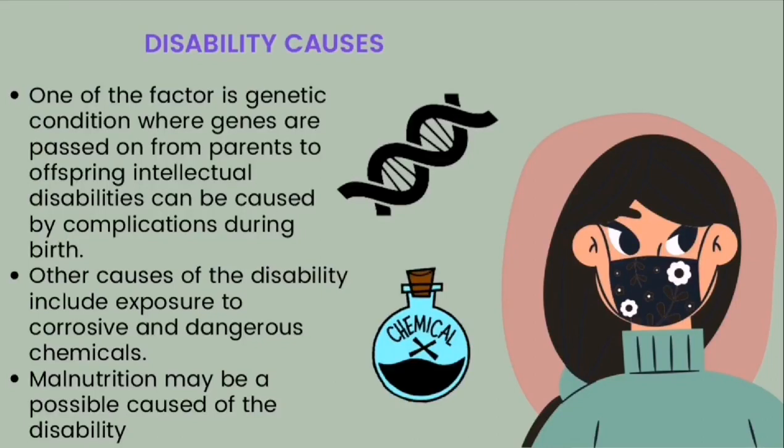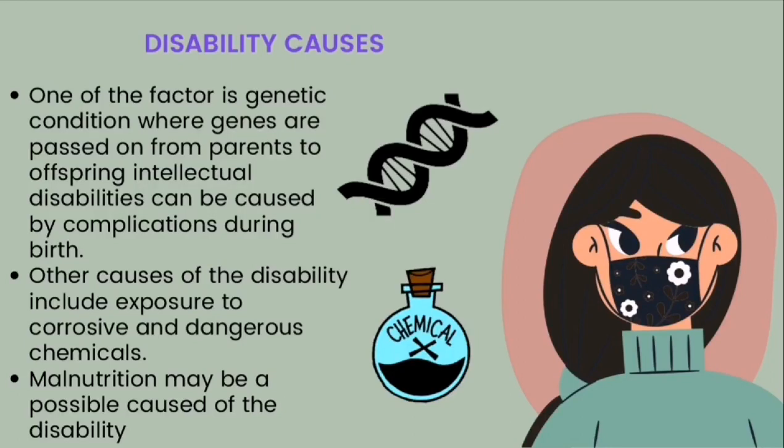Okay, so let's move forward to what the disability causes. There are three. First, one of the factors is genetic condition, where genes are passed from parents to offspring. Intellectual disability can be caused by complications during birth.